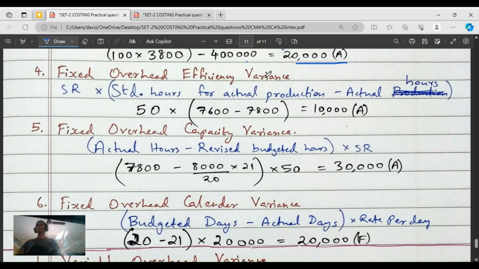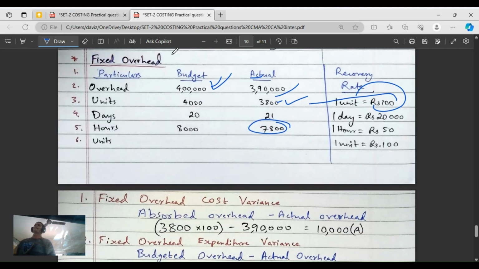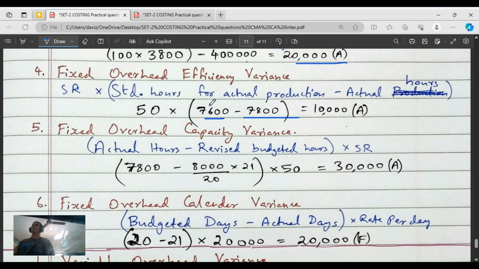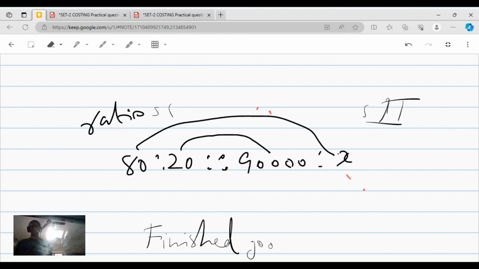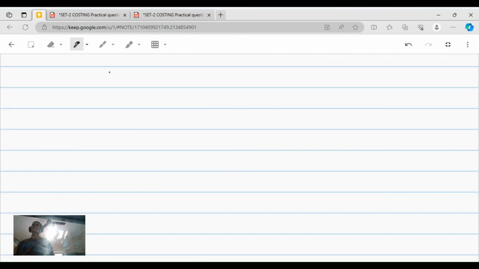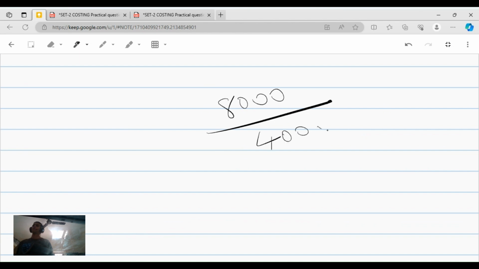Fixed overhead efficiency variance. Standard hours for actual production minus actual hours, into standard rate. So 7,600 minus 7,800 hours, into 50. How I got 7,600: 8,000 hours for 4,000 units.